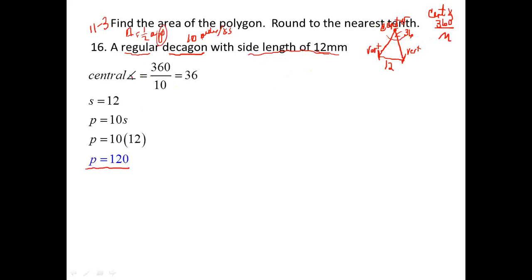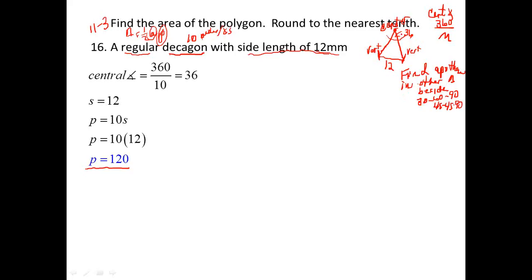So that's done. The reason I need my central angle is to find the apothem. And this is the other one we probably need to remember, especially to find the apothem. In other triangles, the sides 30, 60, 90, or 45, 45, 90, because those you could sit there and do the basic tricks.